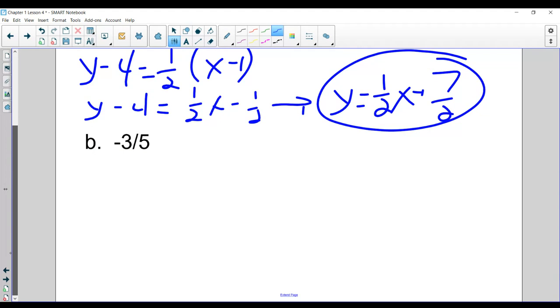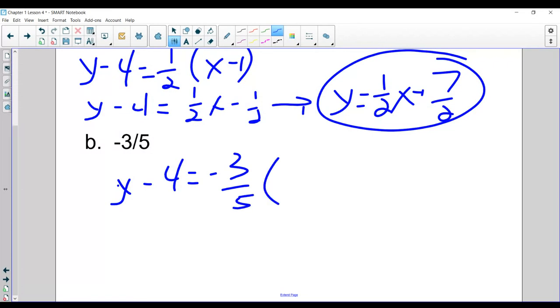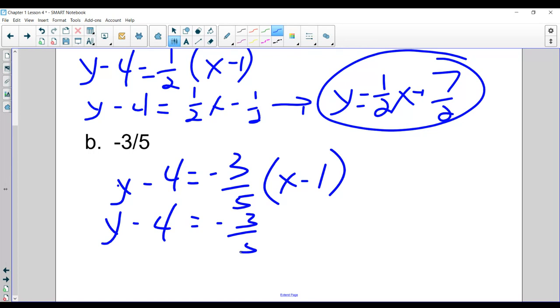Same point again, different slope now. You're multiplying negative 3/5 times negative 1, so that's why that's a plus.